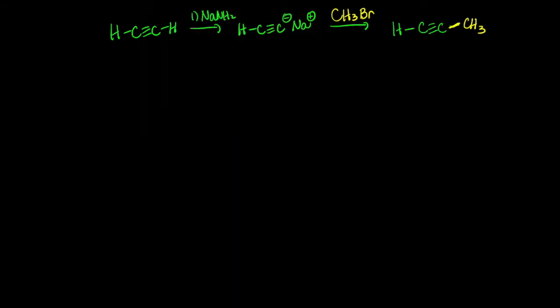And now basically I need to rinse and repeat. Okay, so we're labeling these, right? So step 3, I'm going to need to add sodium amide to this. And that's going to form the acetylide on the left-hand portion of this molecule. I'll try to keep my color codes in here.